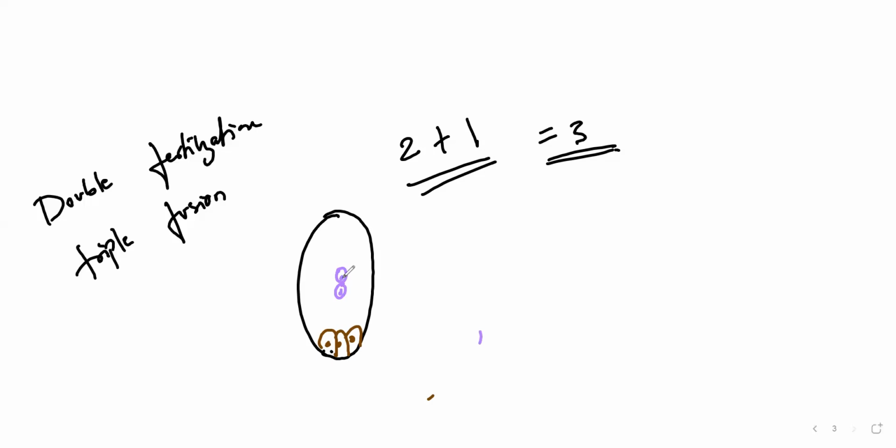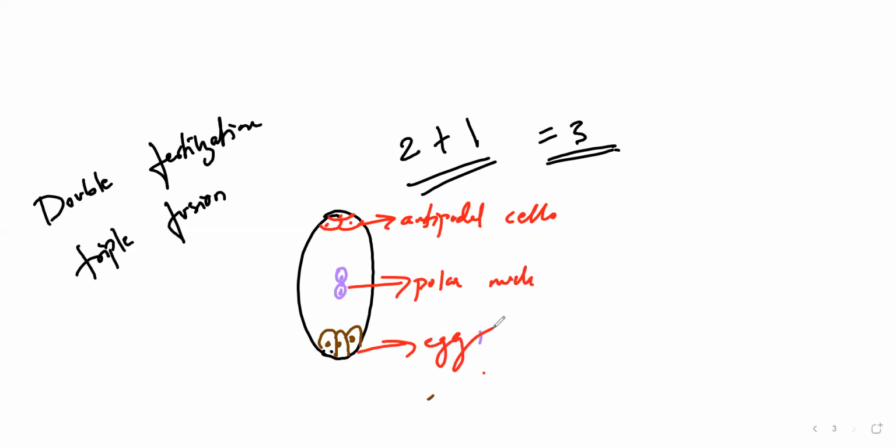And on the upper part, it will have antipodal cells. So these are antipodal cells, this is the polar nuclei, and this is the egg. This is how the fertilization process takes place.